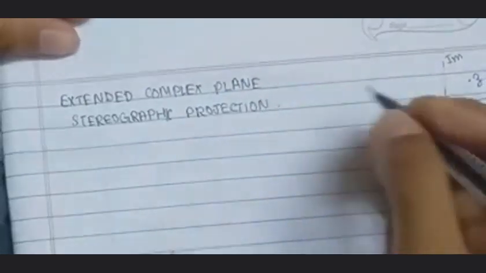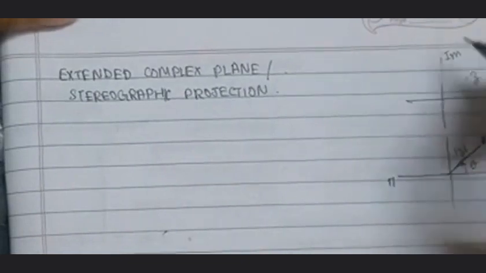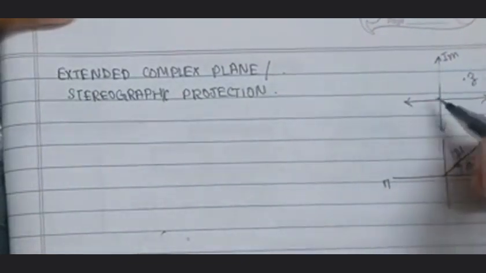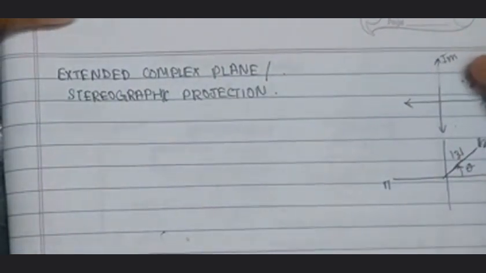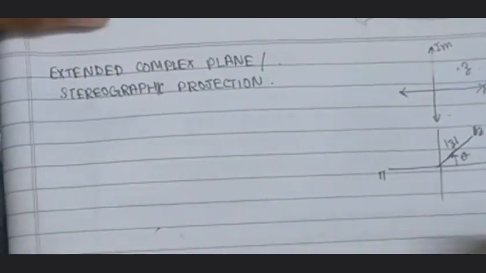The idea behind this is that rather than representing the complex number on an infinitely increasing plane, can we bring it into a more compact form?